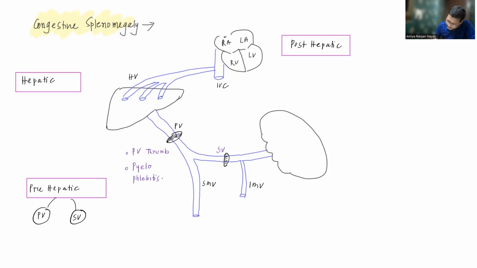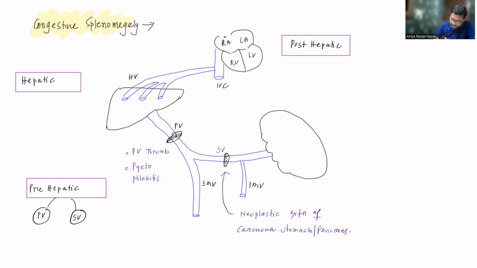Splenic vein occlusion is usually caused by neoplastic extension of carcinoma of the stomach or pancreas.